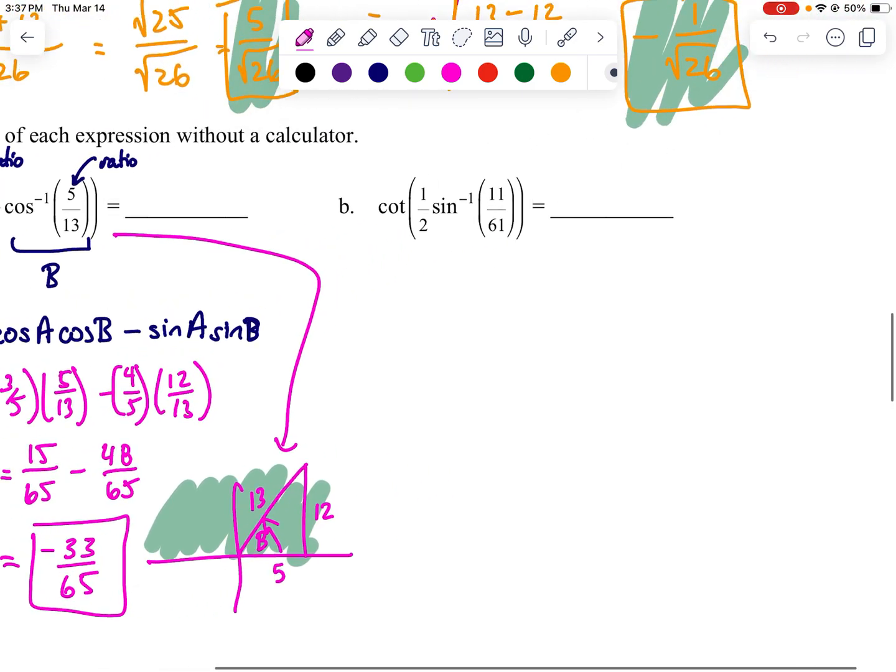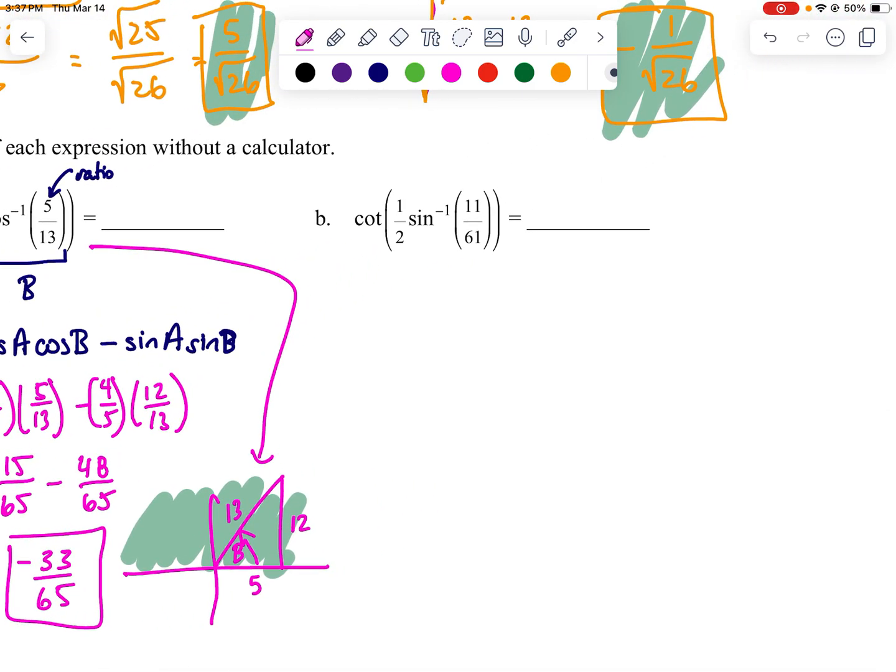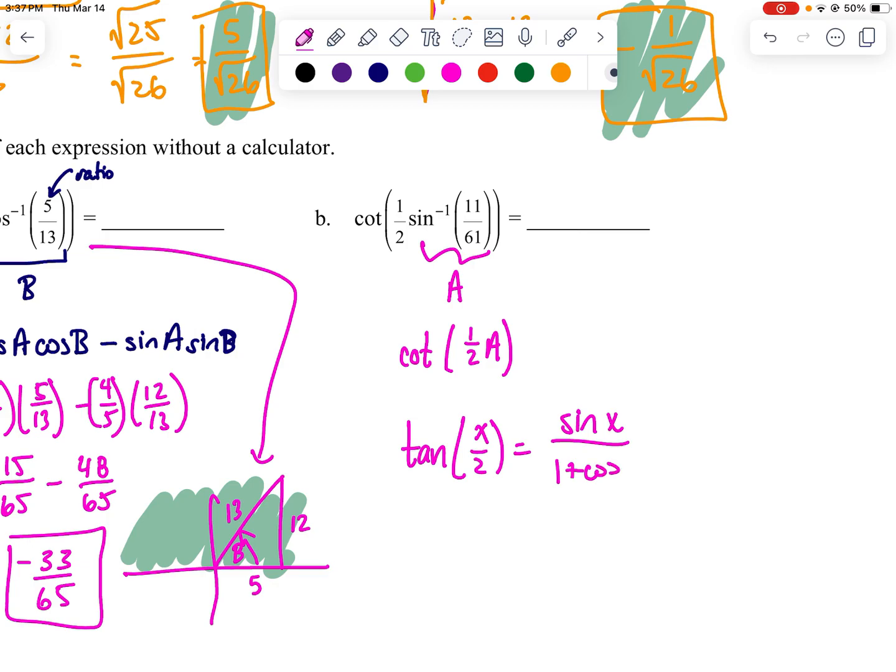So this one's going to be a very similar idea. This is saying, hey, this is some angle A. So what this is really saying is it's the cotangent of 1/2 A. Well, that's my half angle formula. And if it's cotangent, we know that would be the tangent formula flipped. So the tangent formula is sine over 1 plus cosine.